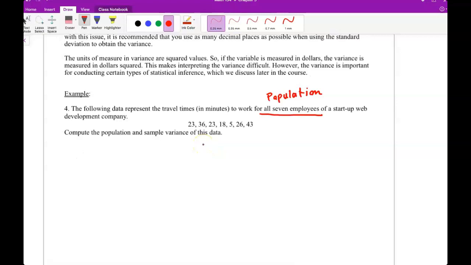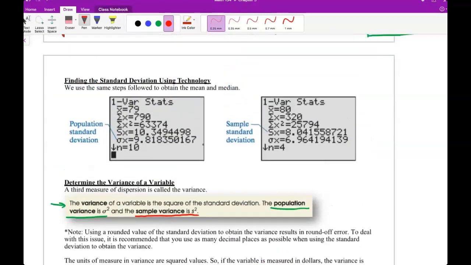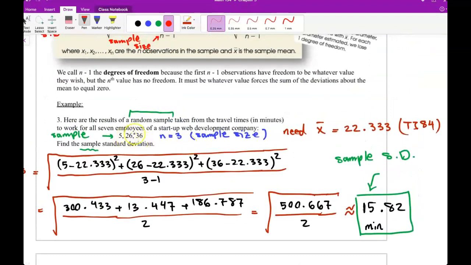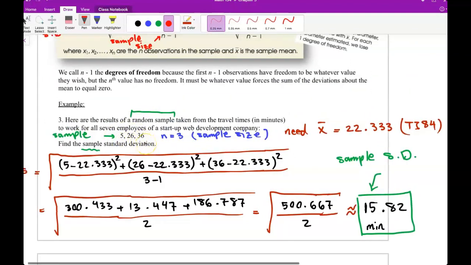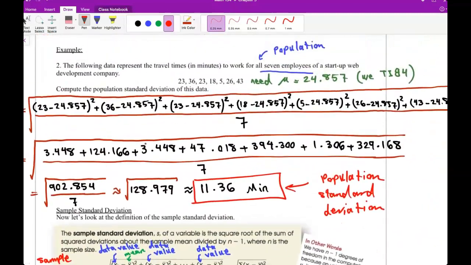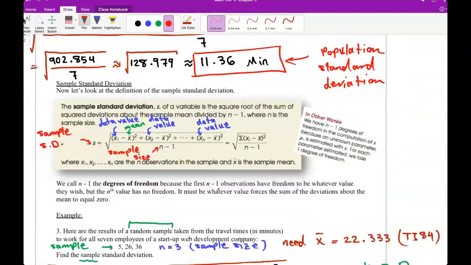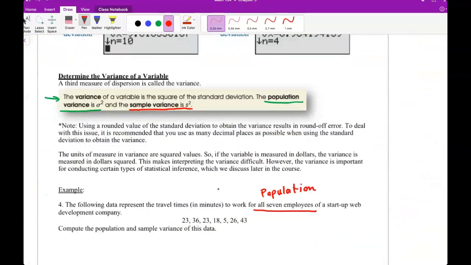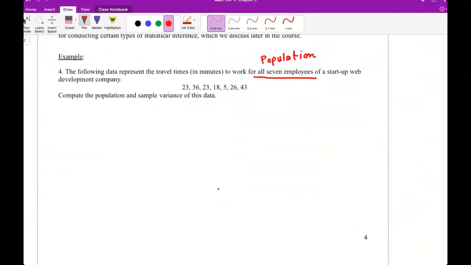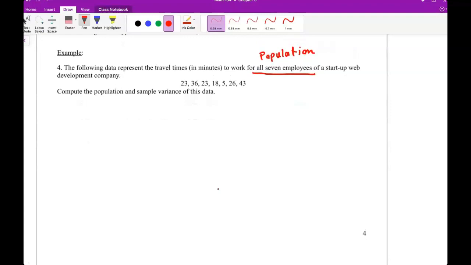For sample, I'm going to use what we had on these workers. We already had a sample from that population: 5, 26, 36. So we're going to use all the information from example number 2 and example number 3 to find the variance for example number 4.